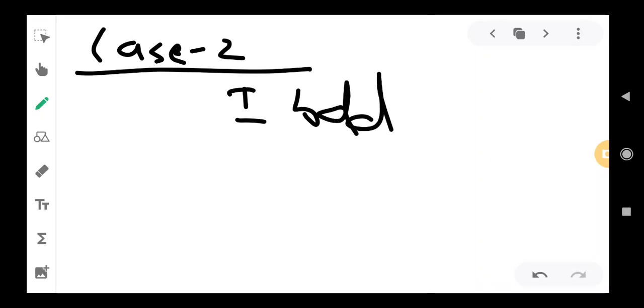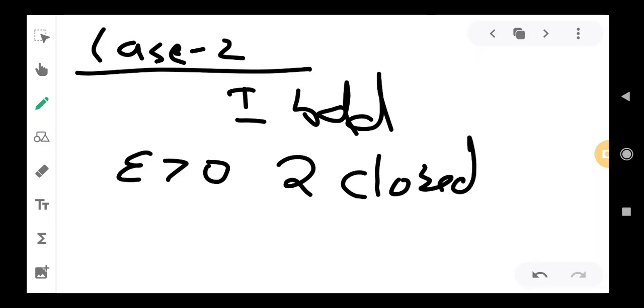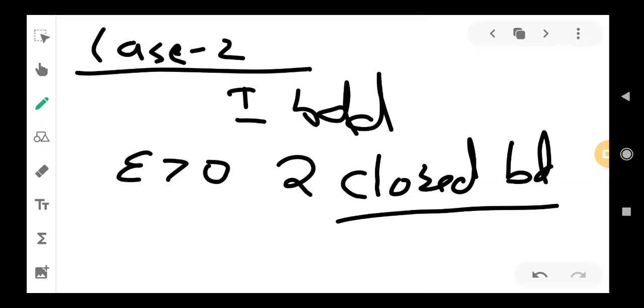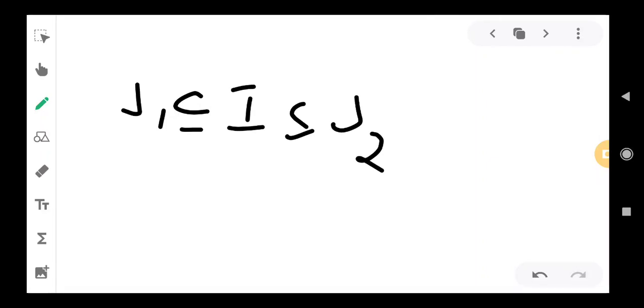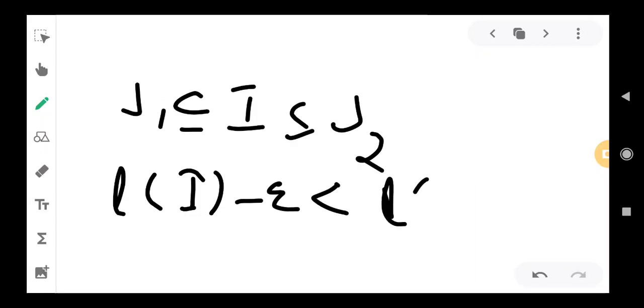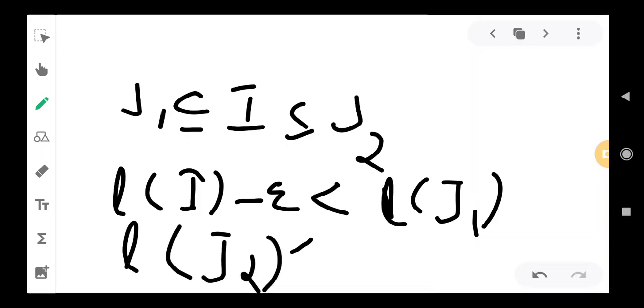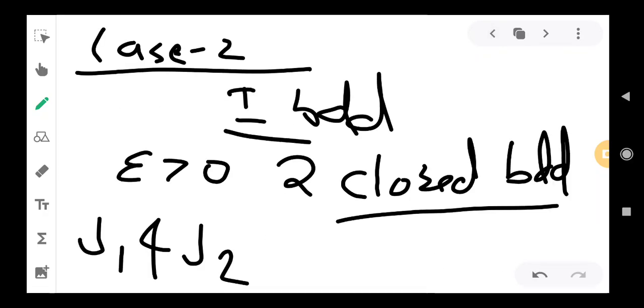So if I is any bounded interval, given any epsilon greater than 0, there are two closed bounded intervals J1 and J2 such that J1 is a subset of I, subset of J2, while length of I minus epsilon is less than length of J1 and length of J2 is less than length of I plus epsilon. We can write like this because we have taken I as a bounded interval.